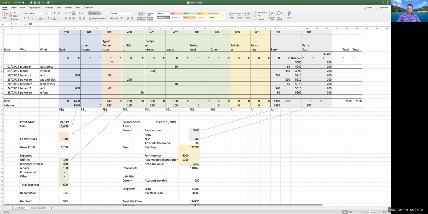In the situation of agent's commission, if you didn't sell anything, then the agent wouldn't be able to take a percentage of anything. So if there was no rent, the percentage of zero rent is 0, so they wouldn't take a commission.